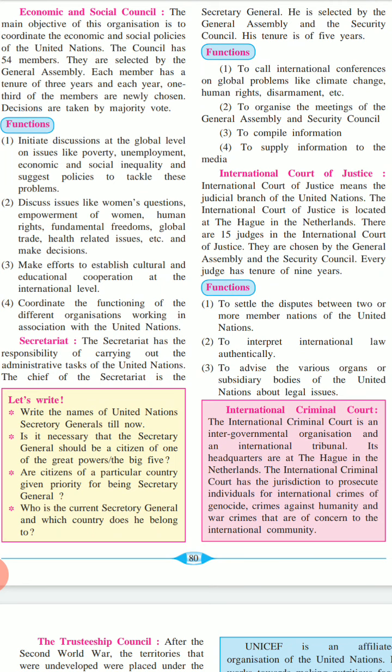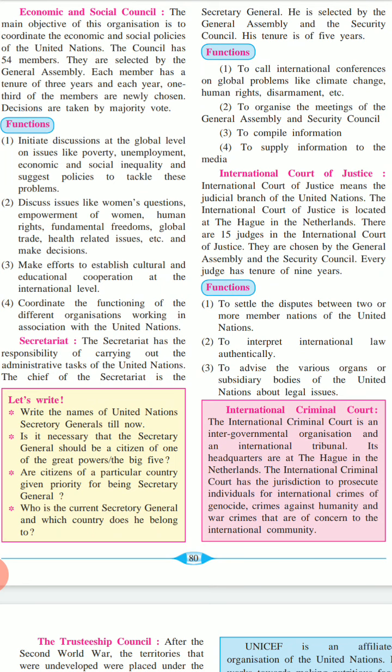Here, the Secretariat takes care of all the administrative tasks of the United Nations, and the chief of the Secretariat is the Secretary General.